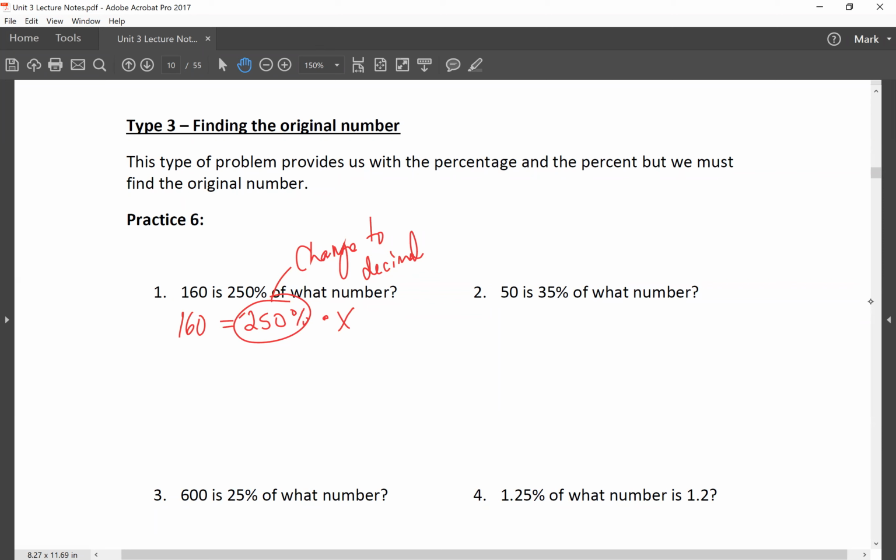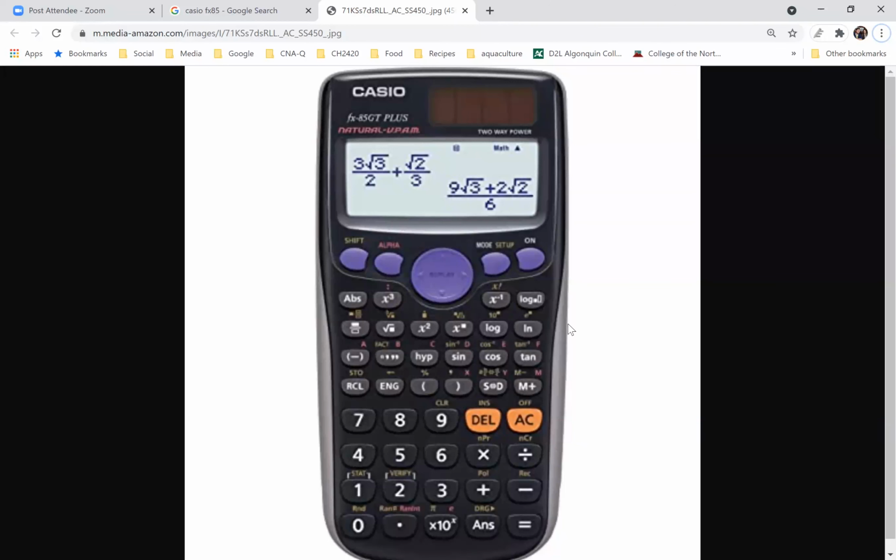I won't show you my calculator, but I'll show you the picture of the calculator. Hold on now. I should just have this saved so I can open it up quicker. But if I share my screen here, it is a little blurry, the picture, but you can see where the percent button is.